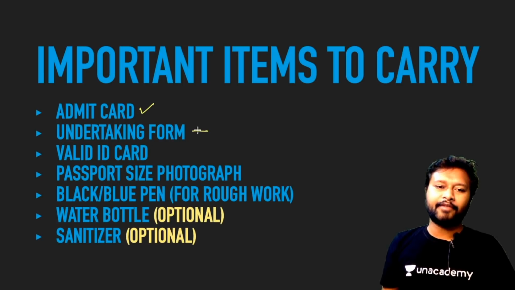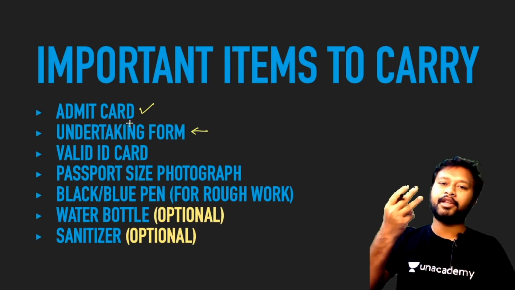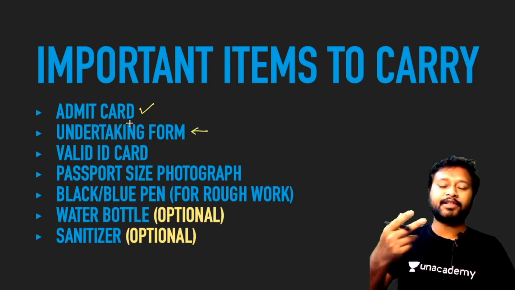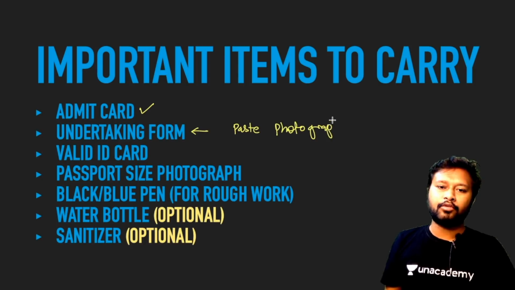Second thing this time they have included is the undertaking form. When you print the admit card, there are 3 pages in it. On the second page itself there is an undertaking form, so you have to print that out also. In the undertaking form, you have to paste your photograph, so do that already. You also have to give your left thumb impression.